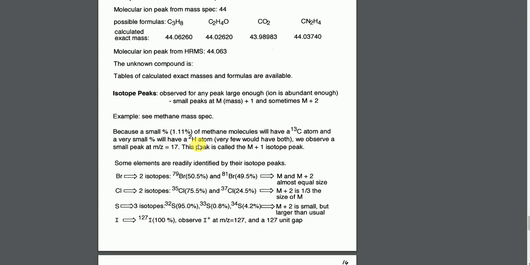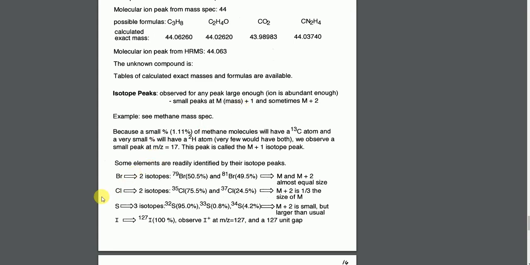Regardless, it's going to be one molecular weight heavier, and that's what the M plus 1 means, or sometimes it's 2, so M plus 2. Not very important. That just means it's going to be shifted to the right.